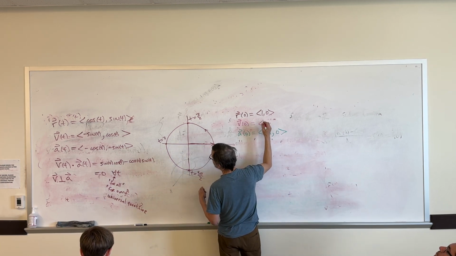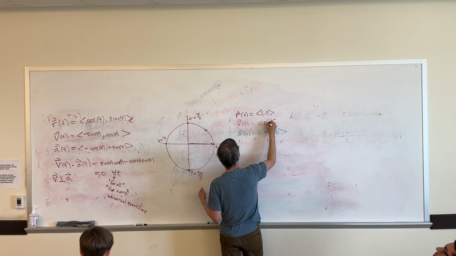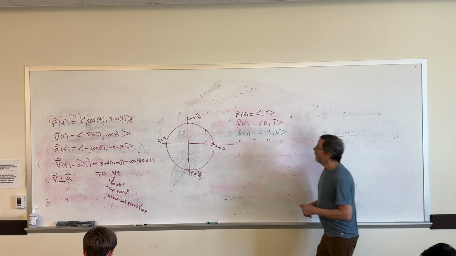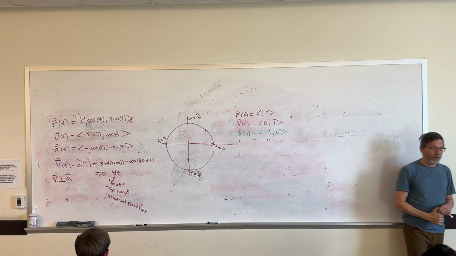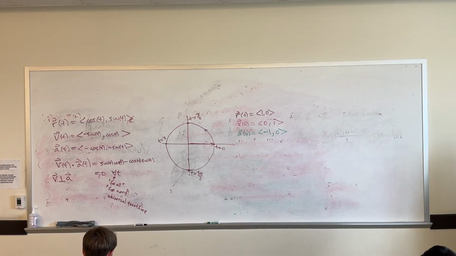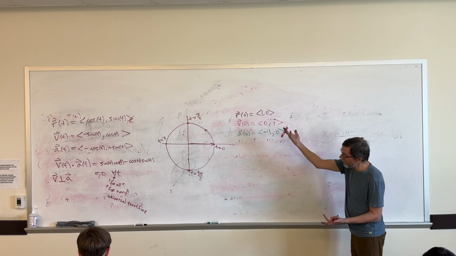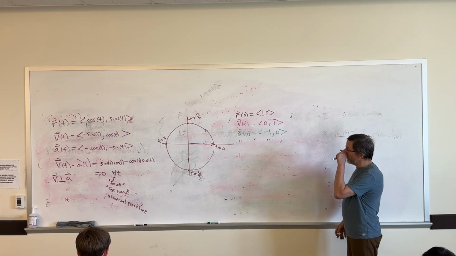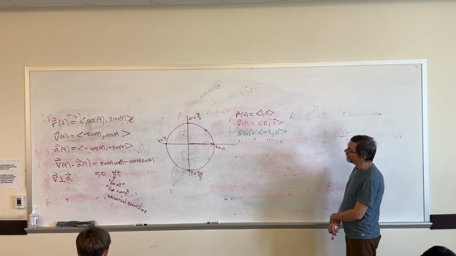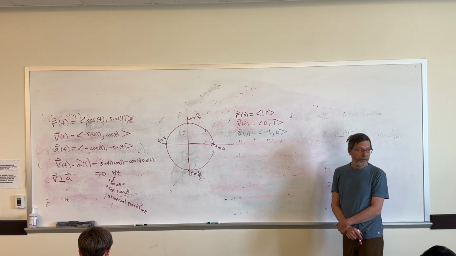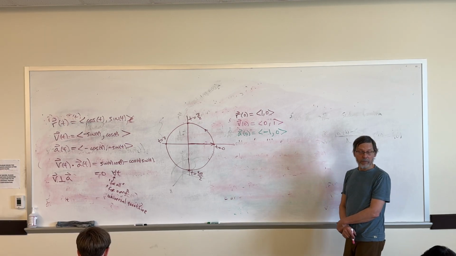You tell me if we need to talk about that, and of course, I'm happy to talk about it. These looking okay? Cosine of 0 is 1, sine of 0 is 0. And once we have that, we pretty much own all those vectors right over there. Everybody's good? Just want to make sure it's cool.